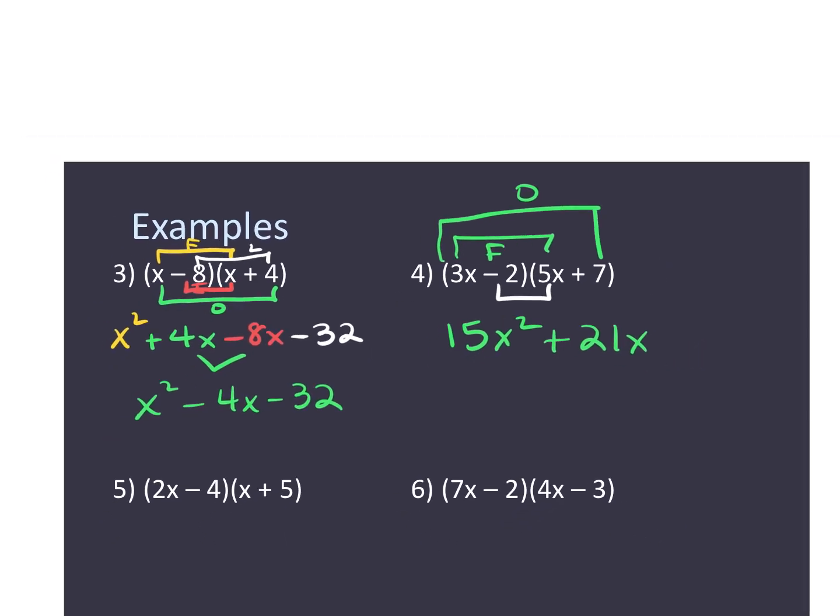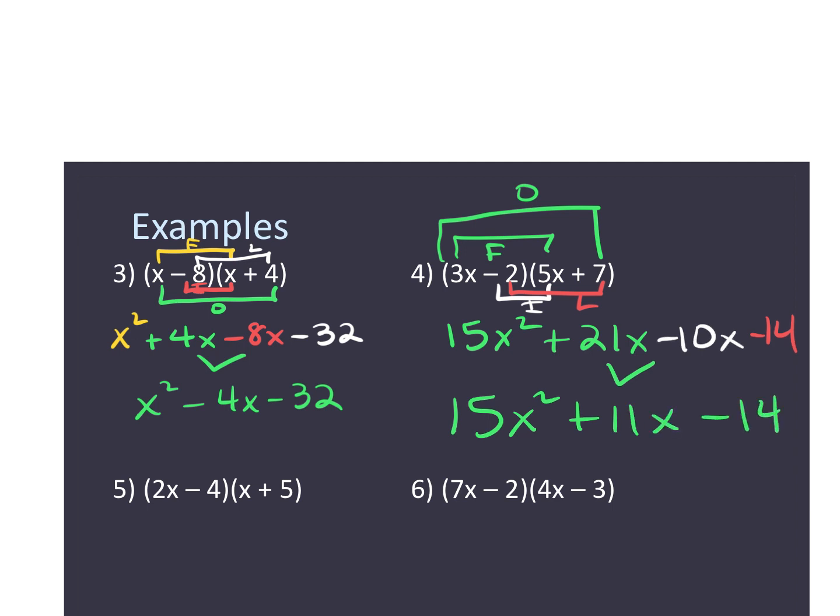And we get negative 10x, which is really our inside, and then also distribute the negative 2 to the 7, which is essentially our last, and we get negative 14. Add the two middle ones, 15x squared plus 11x minus 14, because 21 minus 10 is 11.